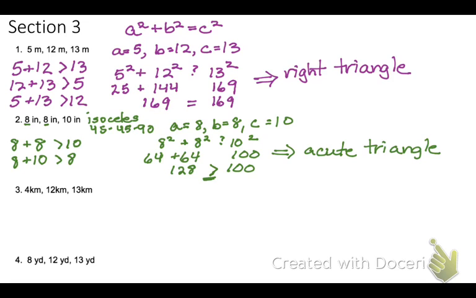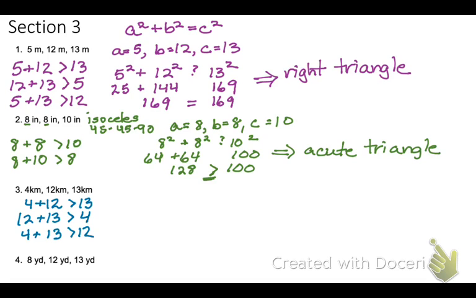My first pair, I'm going to take 4 plus 12. 16 is greater than 13. 12 plus 13, which is 25, is definitely greater than 4. And 4 plus 13, which is 17, is greater than 12. So it definitely is a triangle.